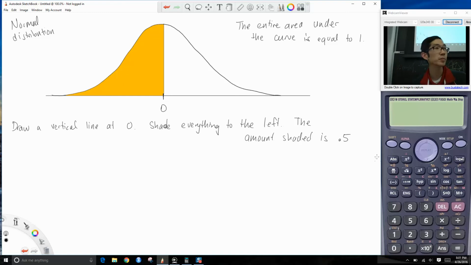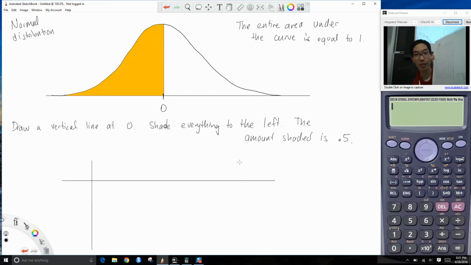Is that okay? All right, and we can look this up in our standard normal table. So if you pull out table 2, the standard normal table, and you flip it to the side, in the top left corner you're going to see 0.0 and 0.00, and it will say Z, something like this.